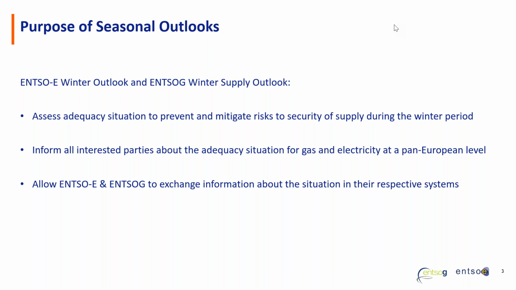It's also used to inform all interested parties about the adequacy situation for gas and electricity at pan-European level, and it allows ENTSO-E and ENTSO-G to exchange information about the situation in their respective systems.